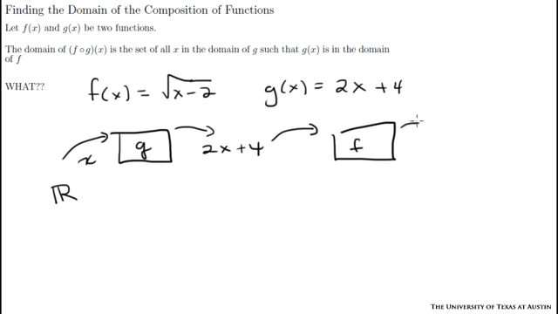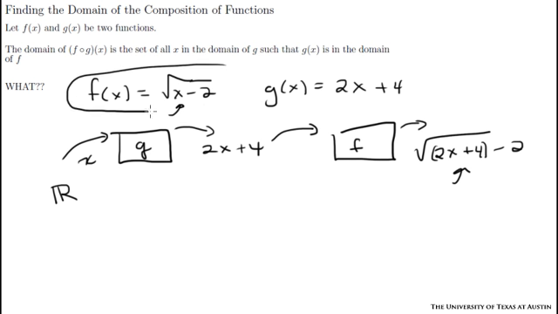What comes out here is the square root of my 2x plus 4's minus 2. That goes in place of my x value. And that's what's confusing about the composition of functions. The x in our f function, once we compose it with g, really represents g of x. It's the g of x's that are getting plugged into our function.